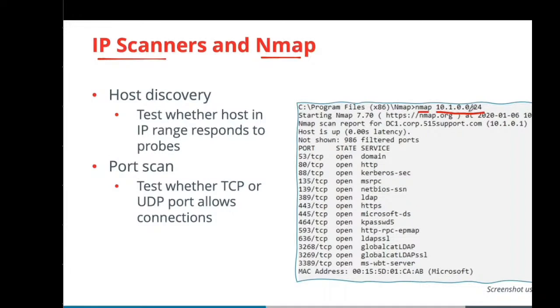In all the machines, all the TCP ports that are open will be listed, just like the output you can see on this screen. This is how we do port scanning using Nmap.